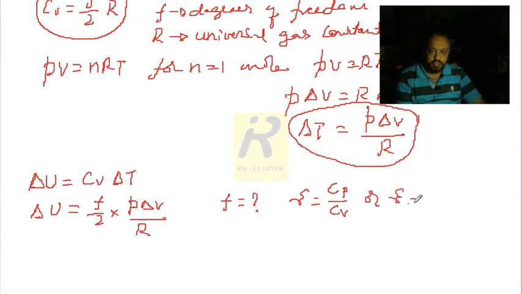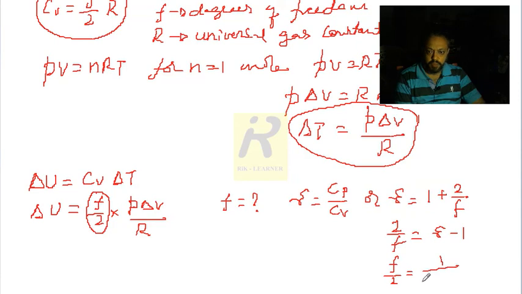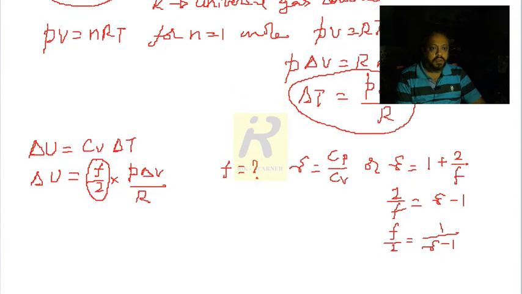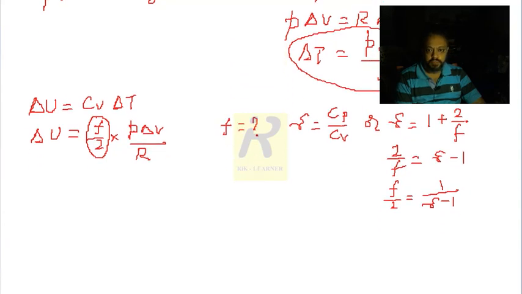Otherwise, I can write gamma is 1 plus 2 divided by F. So 2 divided by F is gamma minus 1, and here we have F by 2. So F divided by 2 is 1 divided by gamma minus 1. Just make use of that relation here.